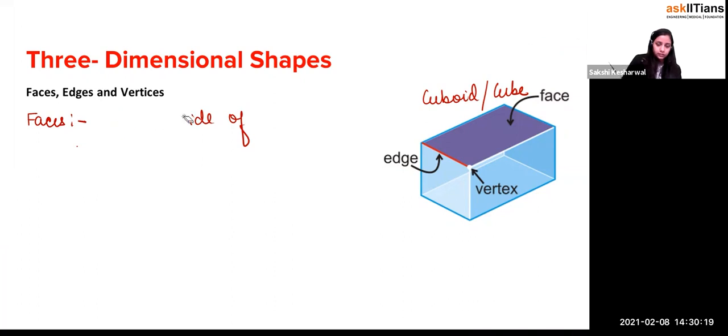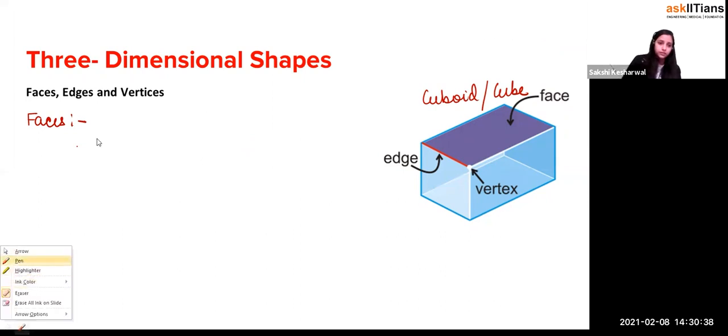Each side of a three-dimensional figure is a flat surface. That is basically any flat surface of a figure.